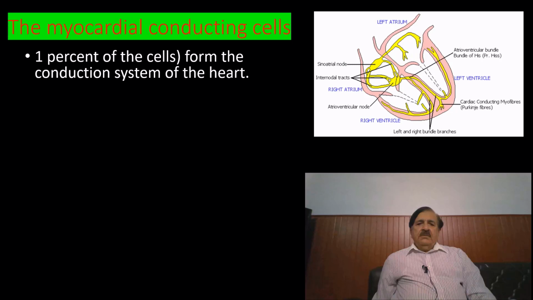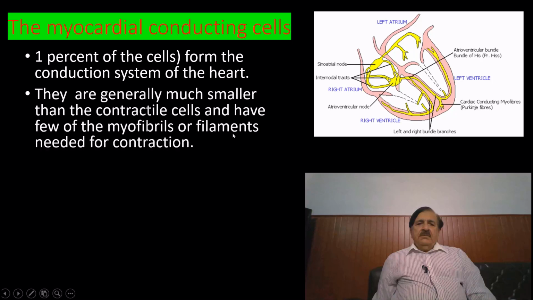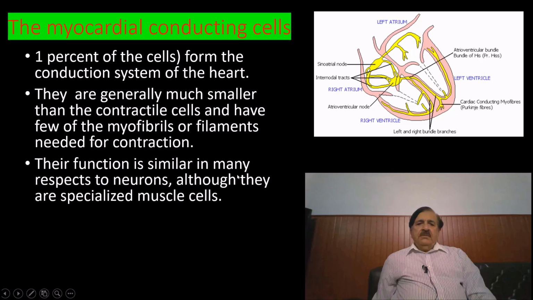The myocardial conducting cells. 1% of the cells form the conduction system of the heart. So the conductive system of the heart is composed of only 1% of the cells. They are generally much smaller than the contractile cells and have few of the myofibrils or filaments needed for contraction.